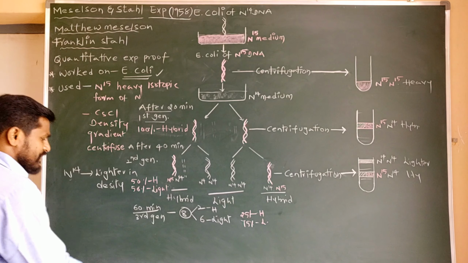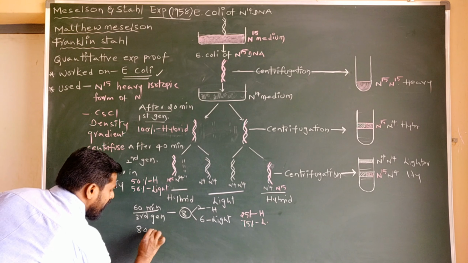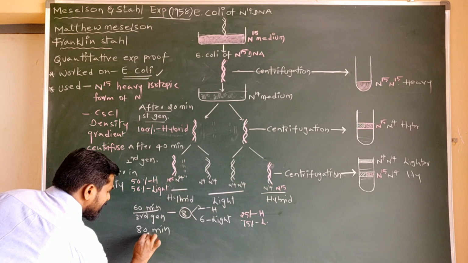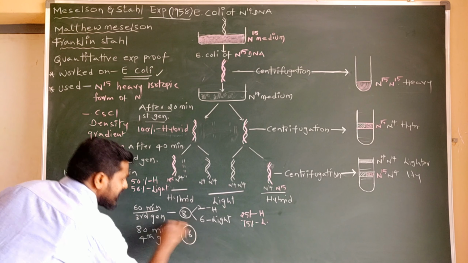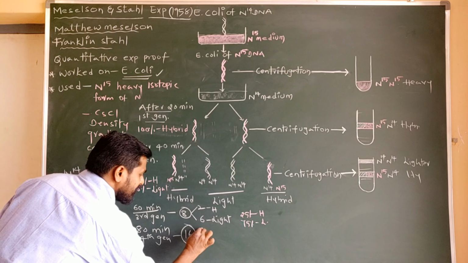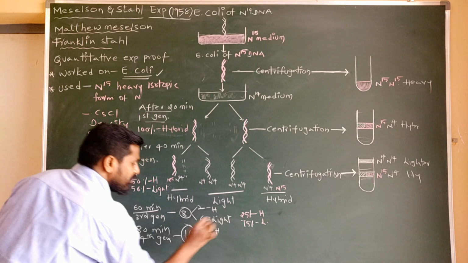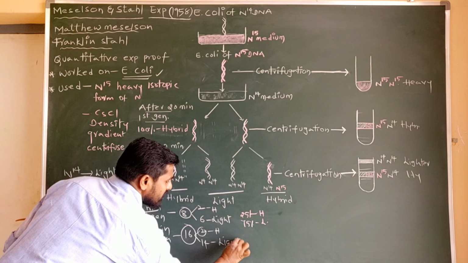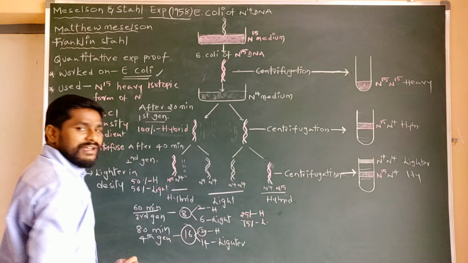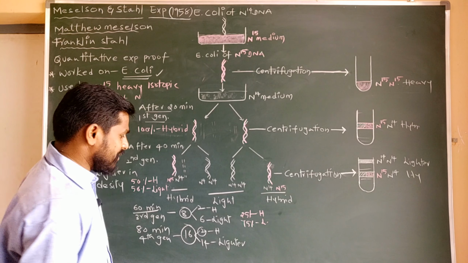In fourth generation also, fourth generation means after 80 minutes, here they got 16 E. coli cells. Among the 16, the 2 are having hybrid DNA and remaining 14 are having the lighter DNA, as the cells are growing on N14 medium, light medium.